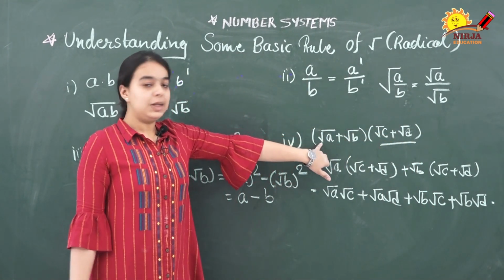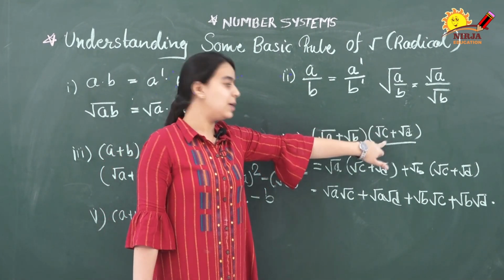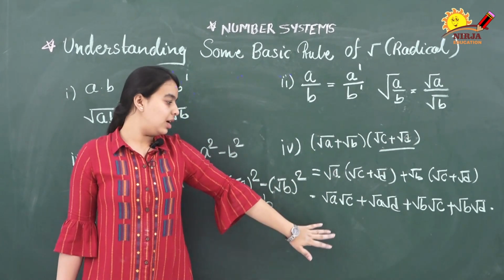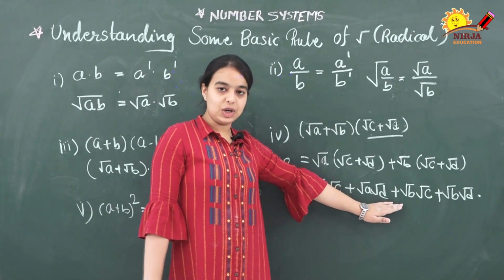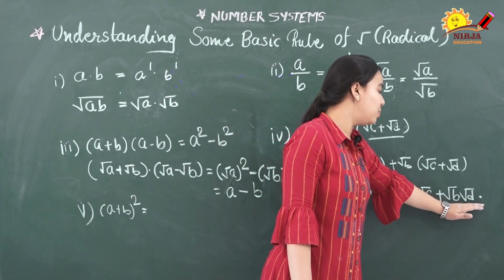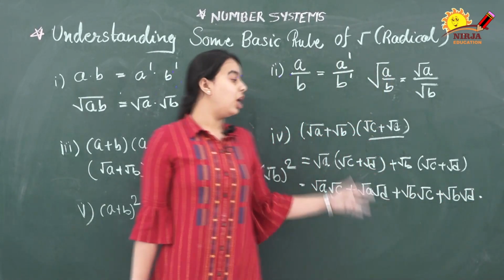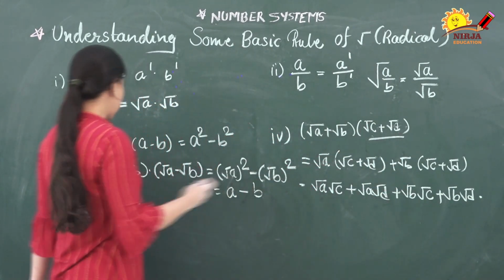So, the multiplication of under root a plus under root b and under root c plus under root d can be written as under root a into under root c plus under root a into under root d plus under root b into under root c plus under root b into under root d. In short, multiplication and addition of each term.